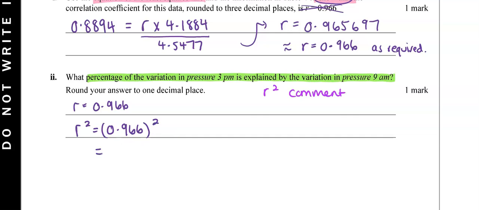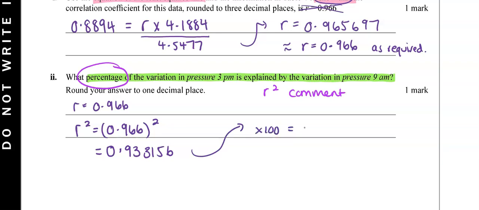And when we do that, we get 0.933156. But I need to give this as a percentage. So that means I need to multiply by 100. So 93.3156. And finally, give my answer to 1 decimal place. So 93.3%.